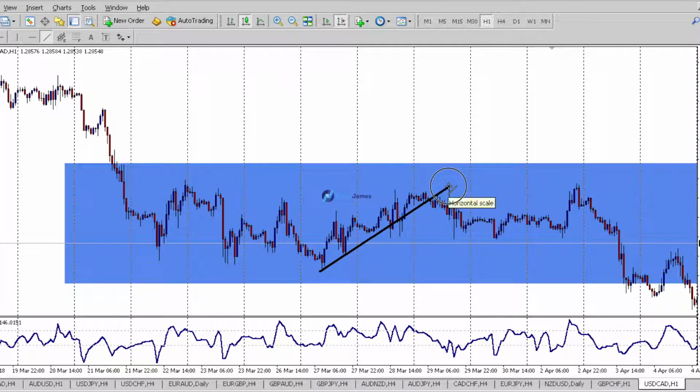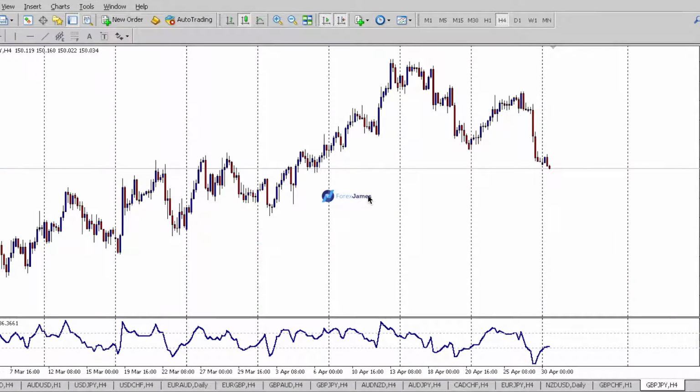This is what I call a corrective move. You see how long it takes? Look at the angle of price going. It's not steep at all. It means that the bulls are losing power. Compared to this move here, this is what we call the impulsive wave. This is the corrective wave.